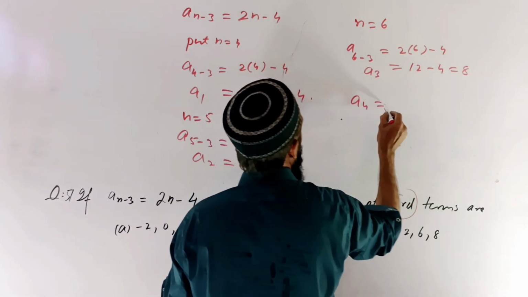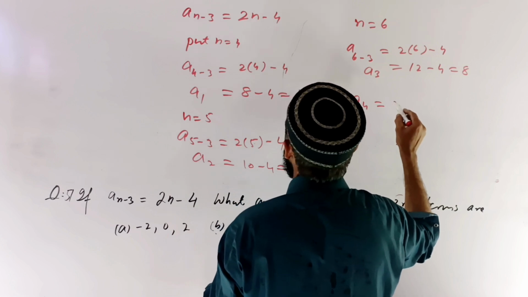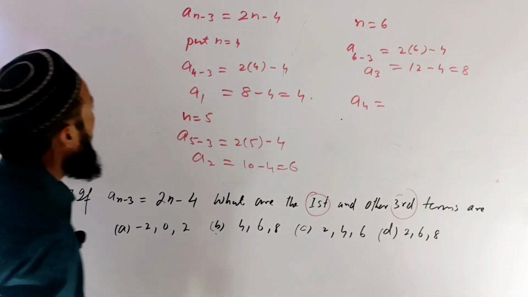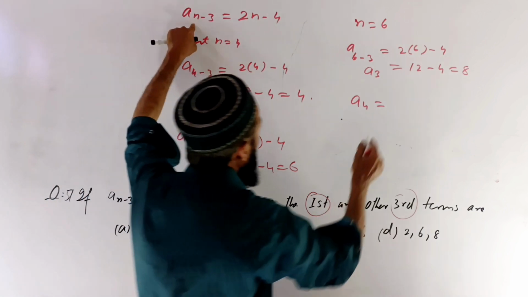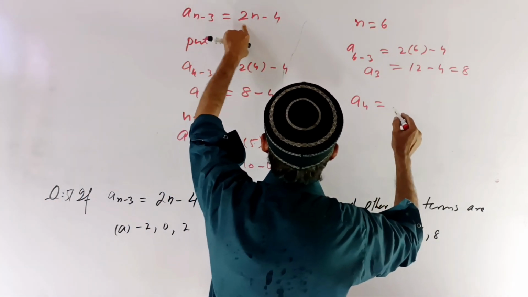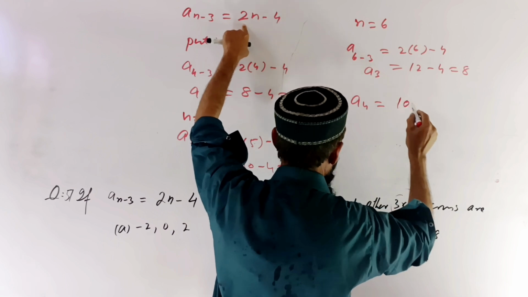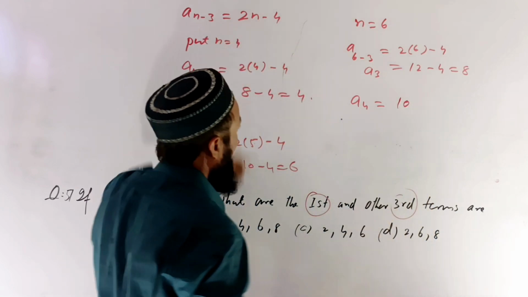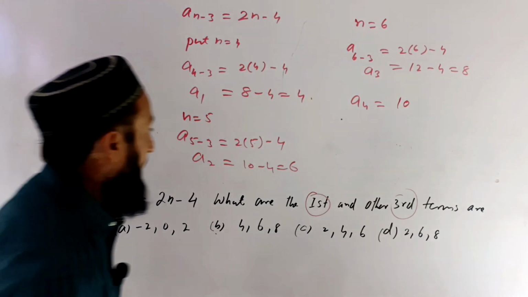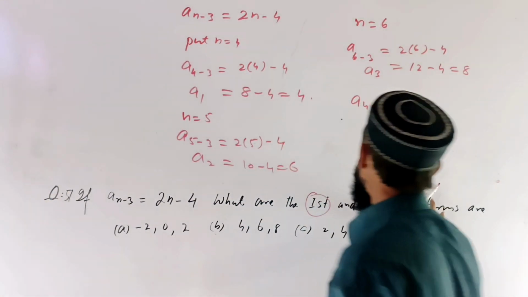And the fourth term, if we put n is equal to 7, we will get 7 minus 3 is a4, and 14 minus 4 we will get 10. The fourth is not asked in the question, but the third term is required.